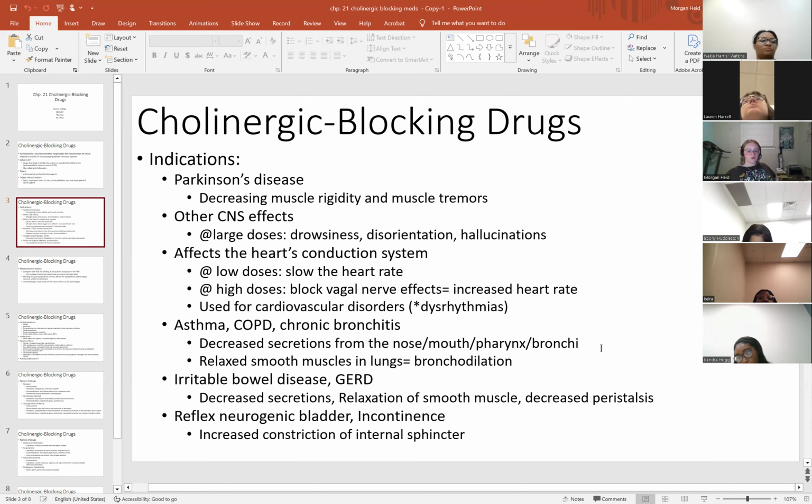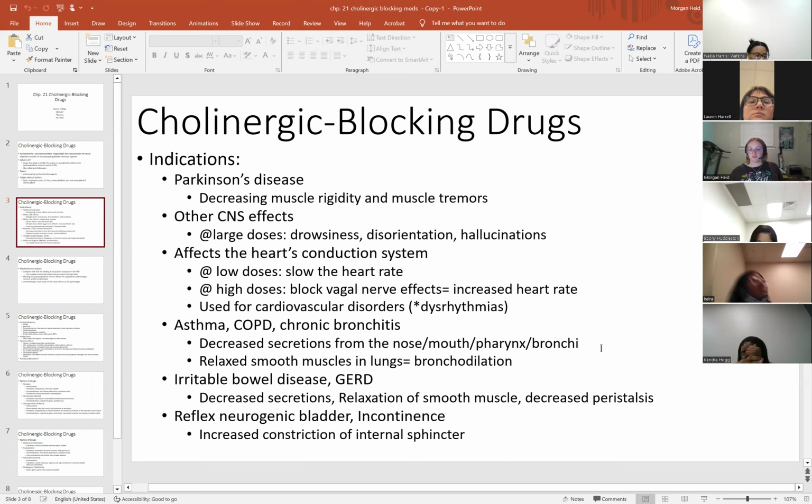The next one is going to be incontinence. Just like we saw with the adrenergic in the very beginning, because the sympathetic nervous system constricted that internal sphincter, here, it's going to stop the parasympathetic from being able to open that internal sphincter.